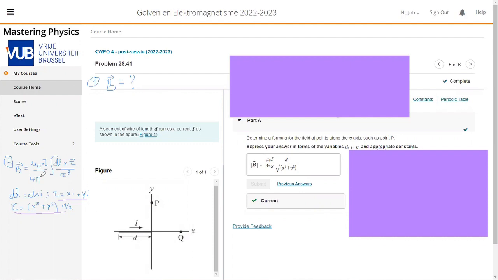As you can see, dl is equal to this, because it's only working in this x direction. Then you have R, but I forgot to put the vector here, because it's just a vector with an x component and a y component. Then you have to look at this one.